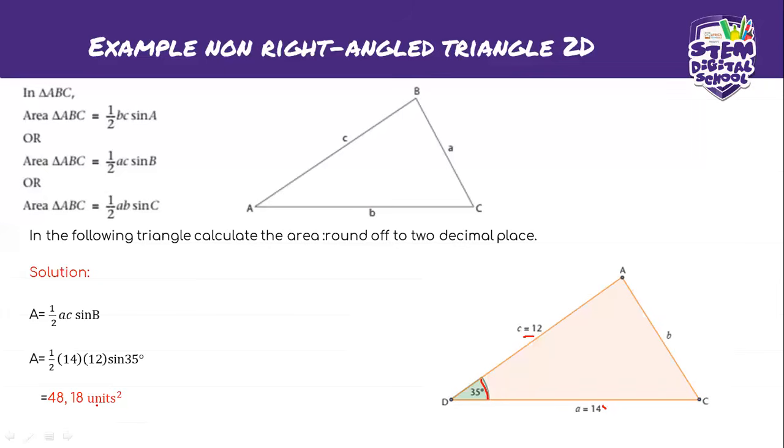We are going to use units squared to show that you were calculating the area. Because if it does not have a squared, we will never know whether you are calculating area or what. So the only way to know that you are calculating the area is to see this exponent 2. So our answer in this one is 48.18 units squared. So this is how you calculate the area.